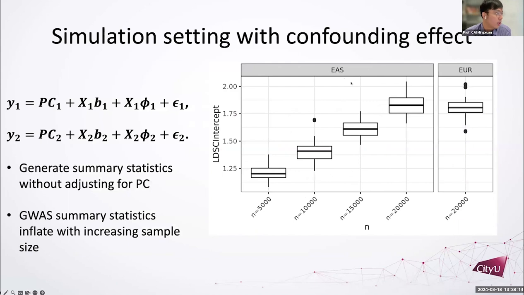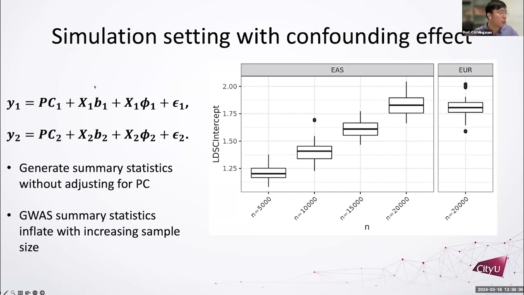Now let us consider the confounding effect. We use PCs to represent some confounding covariates. Basically, we simulate the phenotype by including PCs when generating data, but when constructing the summary statistics, we do not include the PCs.